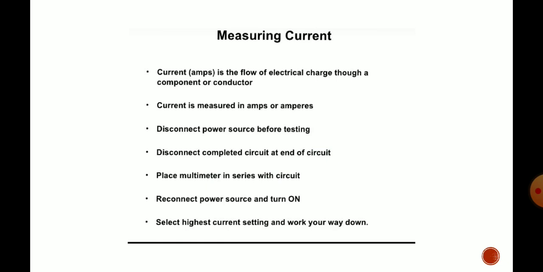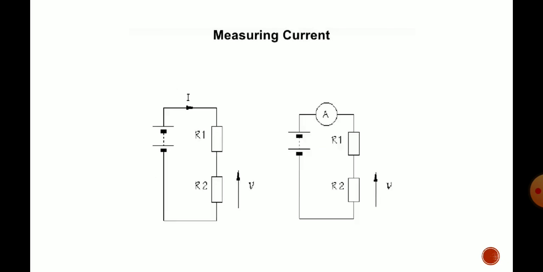Disconnect the completed circuit at the end of circuit. Place multimeter in series with circuit. Reconnect power source and turn on. Select highest current setting and work your way down.